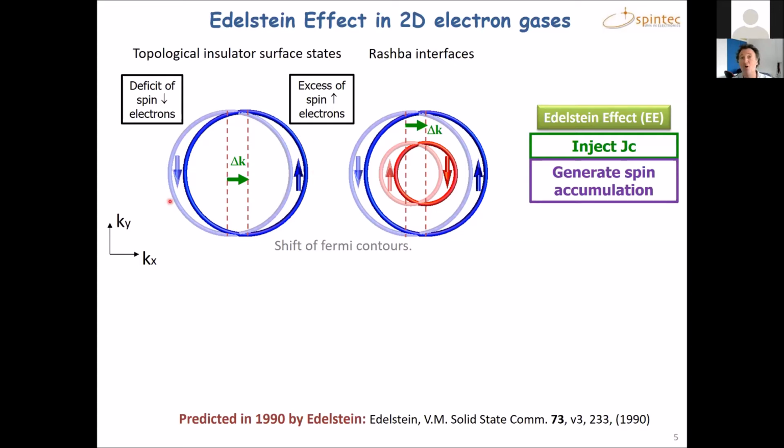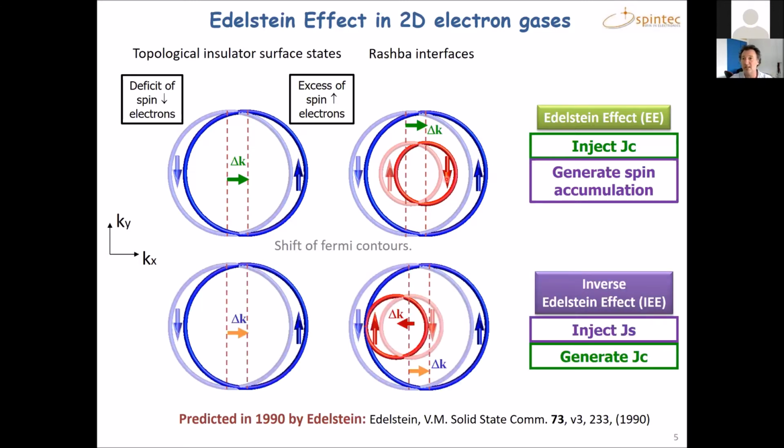The same occurs in Rashba interfaces, but there you have two contours with opposite chiralities, so this spin up accumulation is blurred a bit by the spin down one. The reciprocal mechanism also exists. In that case, you inject a spin accumulation in those 2D states, and you shift the Fermi contour in momentum space, which in turn generates a charge current.